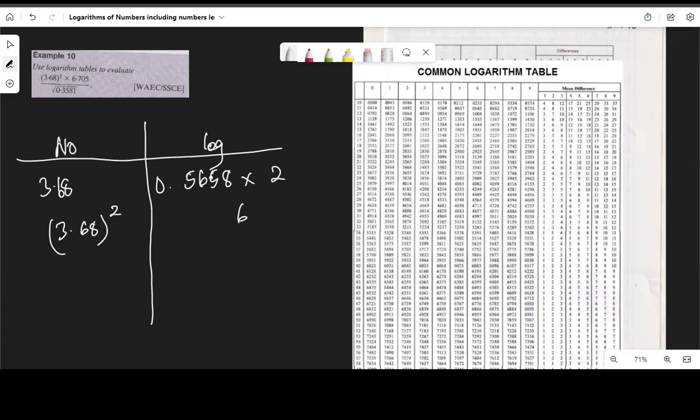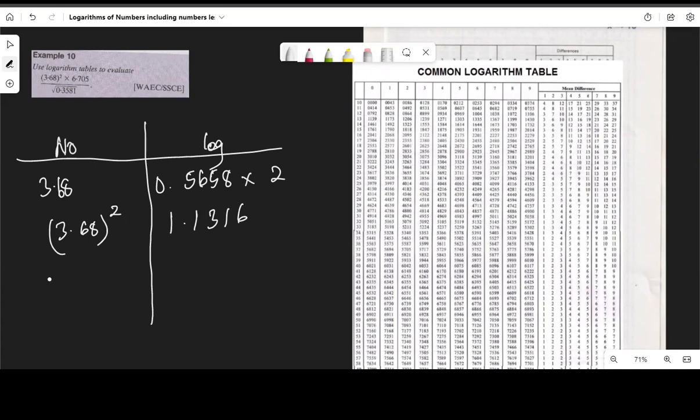Right, 2 carry 1, 2 times 5 is 10 plus 1, 11, carry 1 again, 2 times 6 is 12 plus 1, 13, 2 times 5, 10 plus 1, 11, 2 times 0 is 0 plus 1, 1. That is for this first number.